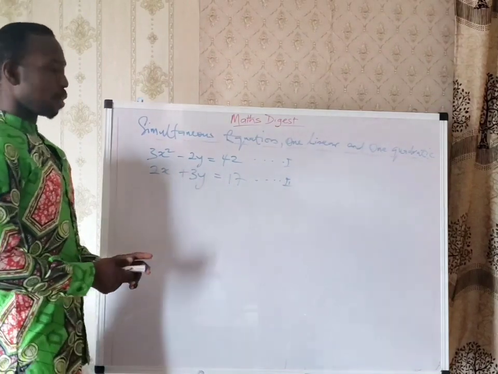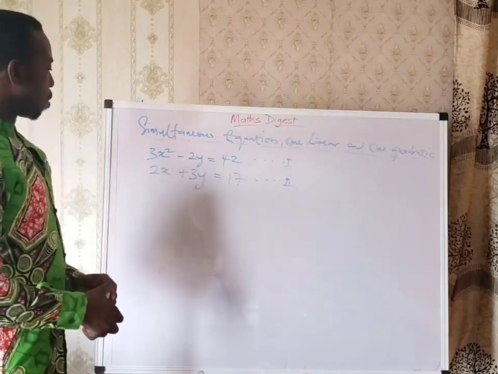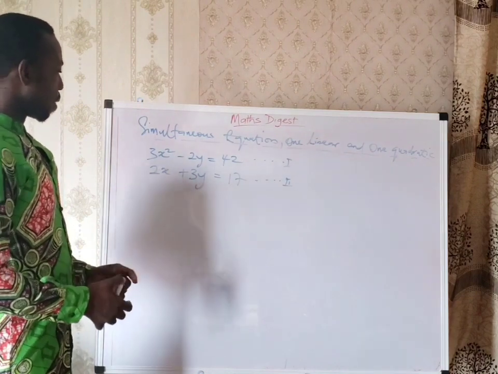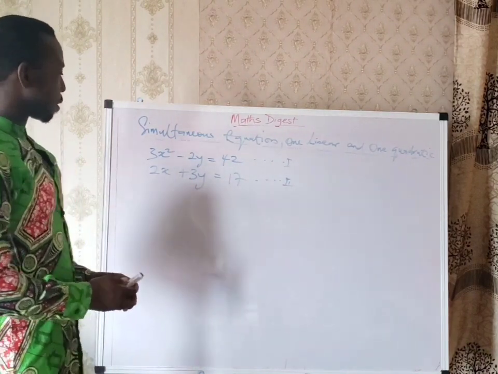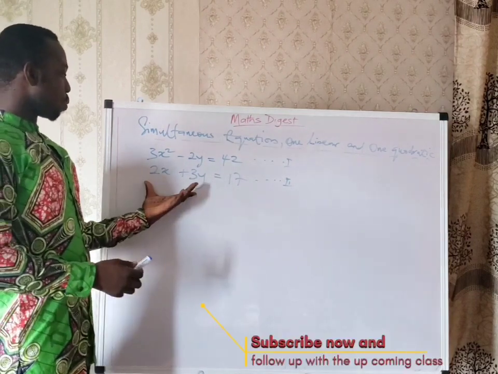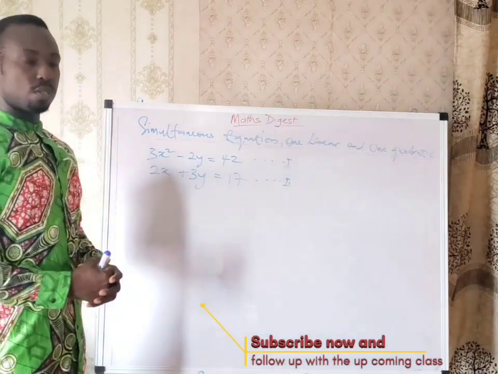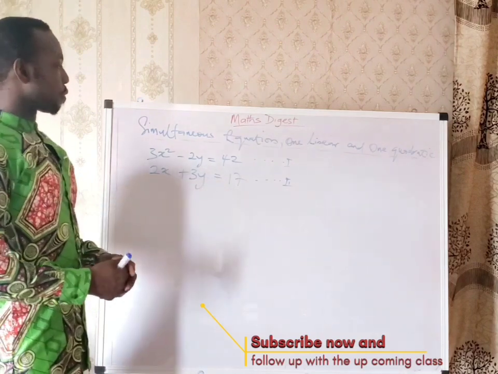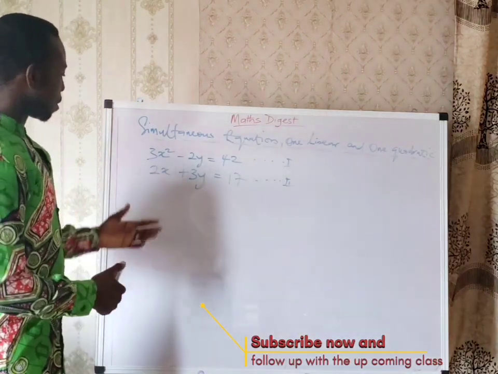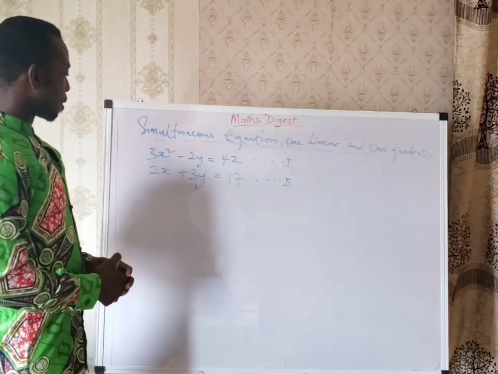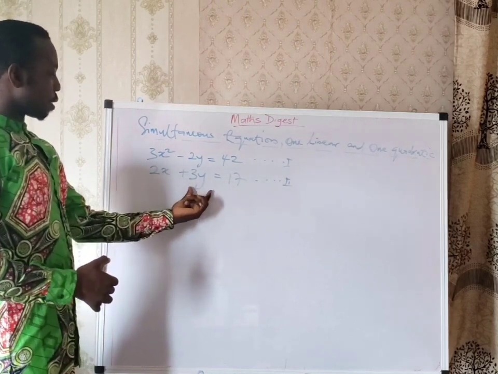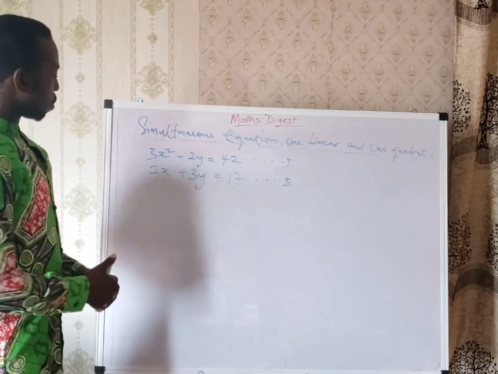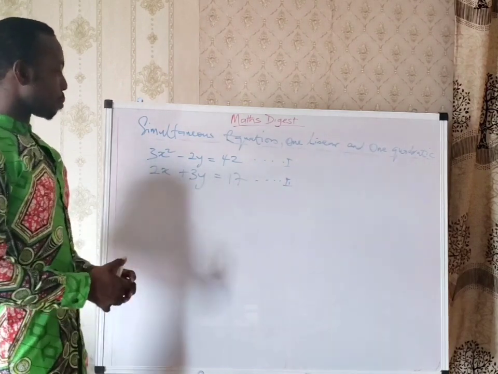When an expression like this is given, what you first do is you go for the one that is linear. You use the substitution method, just like the one we did in the previous class. We have two variables here, two unknowns, so you make one of them the subject of formula.